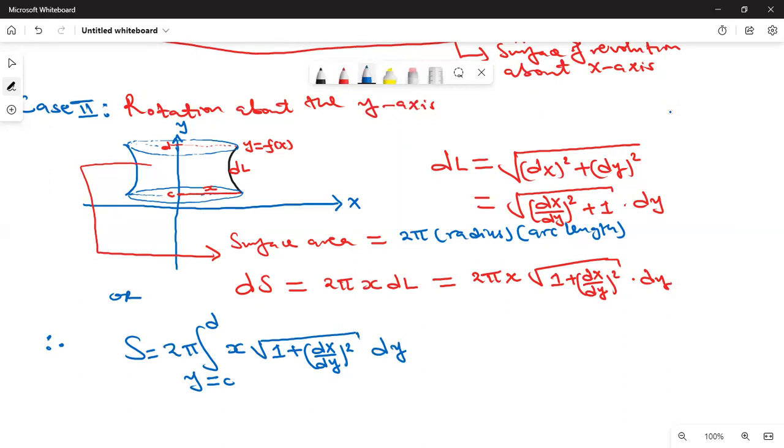Integrate that with respect to y. So this is when you revolve it about the y-axis.